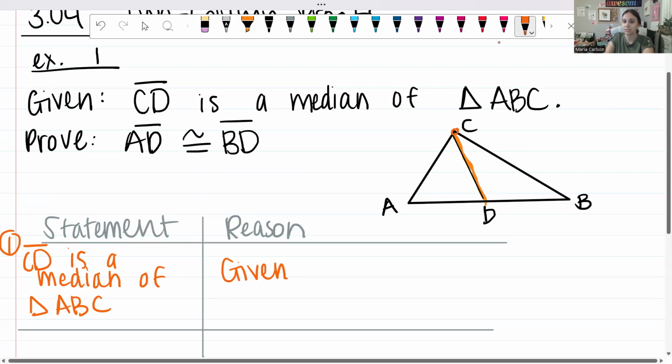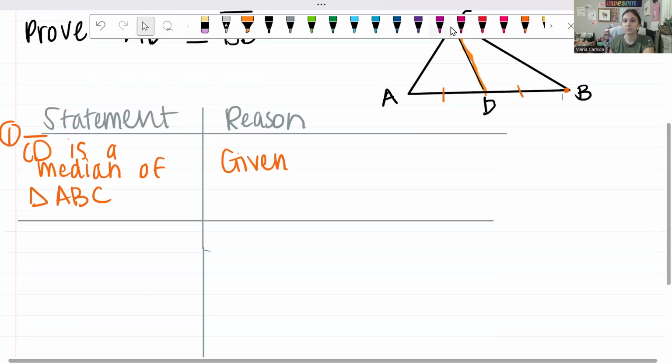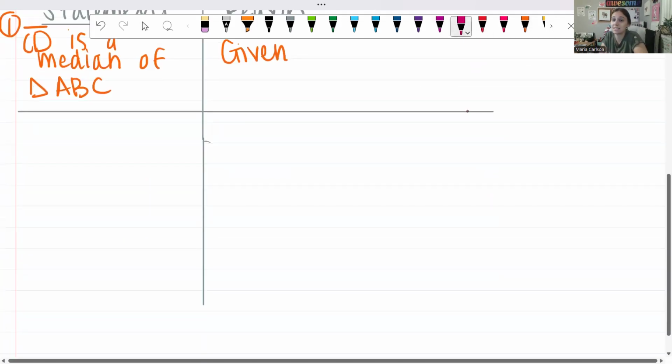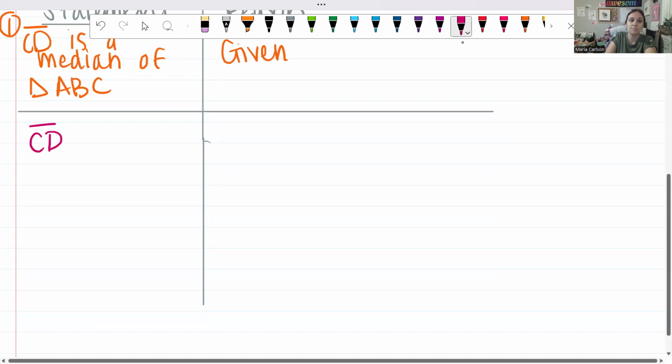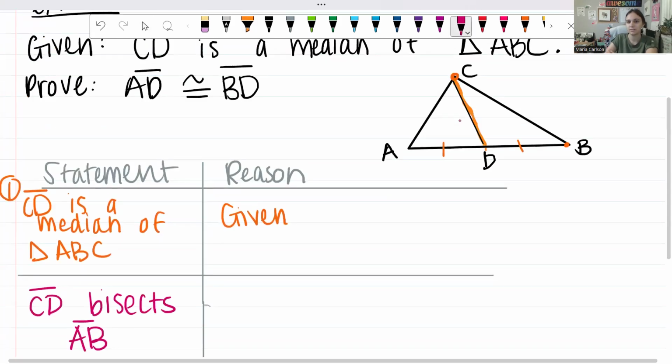So it starts at vertex C and it bisects this opposite side, and the entire opposite side is side AB. So next, because this is a median, using the definition of a median, I'm going to say that segment CD bisects that entire segment AB, right? It really just divides it in half.